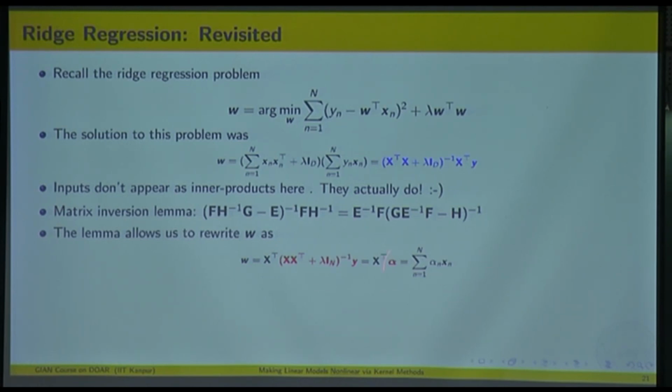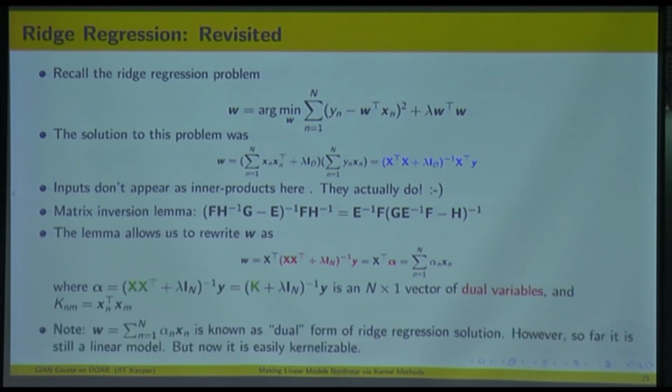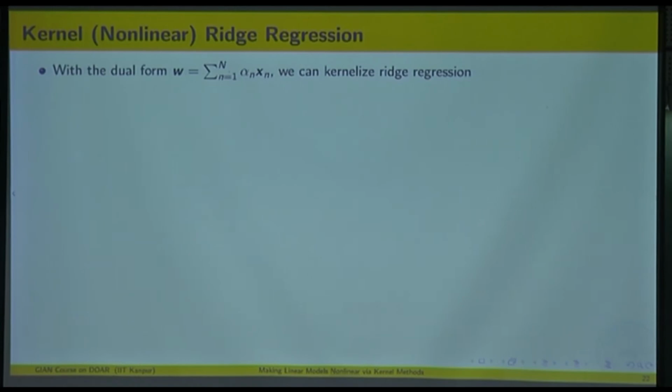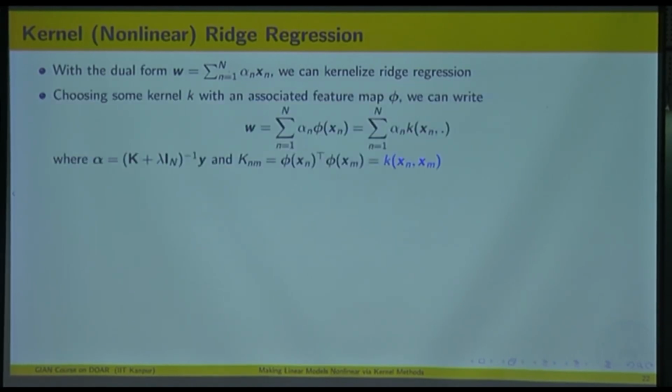You can represent this W as the sum of alpha_n times x_n, because this whole red term is nothing but an n-dimensional vector which you can call alpha. So just like the alphas we had in the case of SVM, you can define an alpha in the ridge regression model as well. Let's skip over these details. It's not super important here, but the point is how we make predictions.